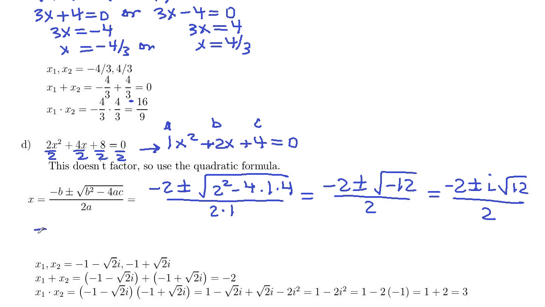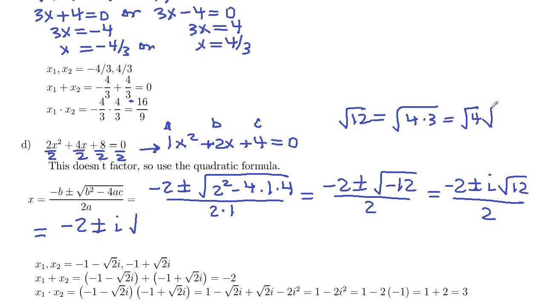And then we can simplify that a little bit more. 12 is 3 times 4. Root 12 is root 4 times root 3, and the square root of 4 is 2, so this is 2 root 3.